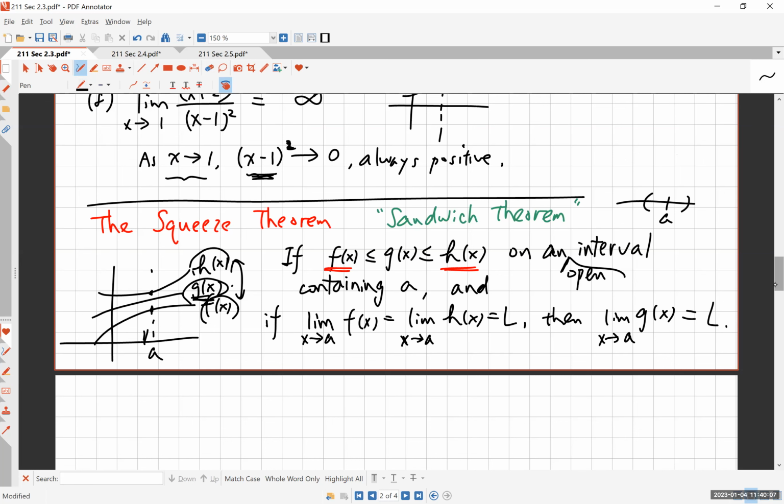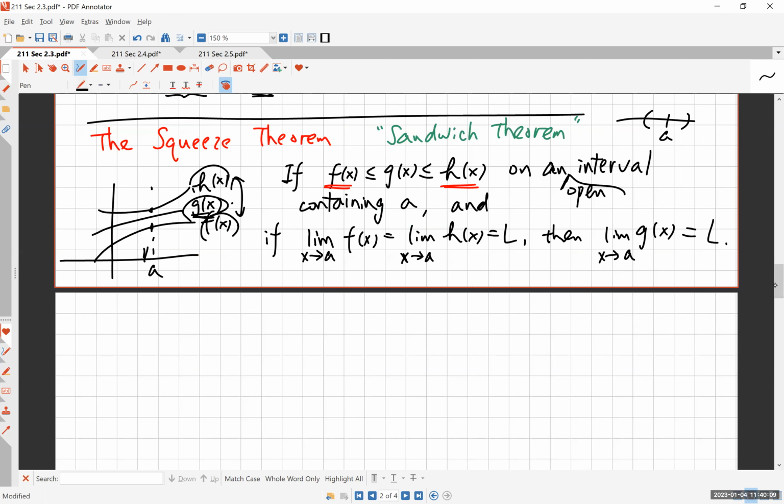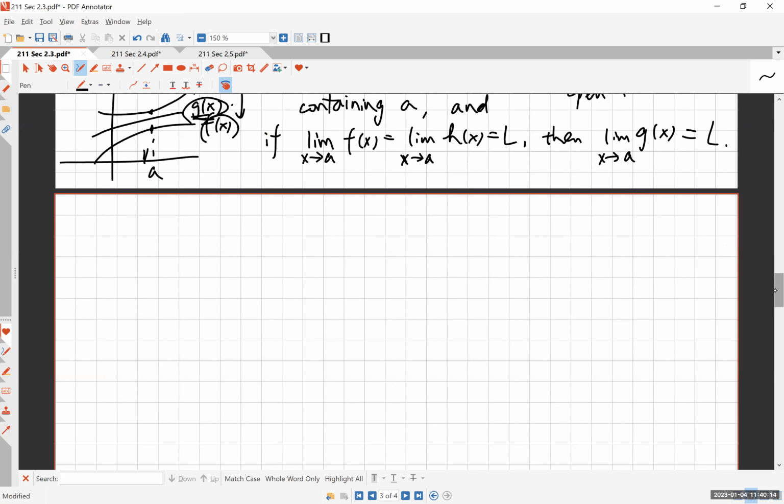There's also a proof because, again, this is a theorem, right? And so that is the squeeze theorem.